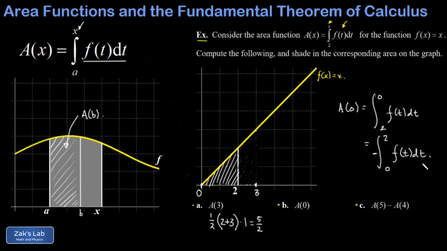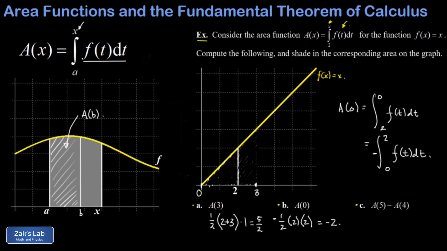Now that integral piece, that area bounded by the curve, is positive, but there's a minus sign out in front giving us a negative result in the end. So what's the magnitude of this area? Well, it's just a triangle, and it has a base of 2. So 1/2 base times height, also 2. And I need a minus sign out in front. So I end up with an area of -2 out of this.